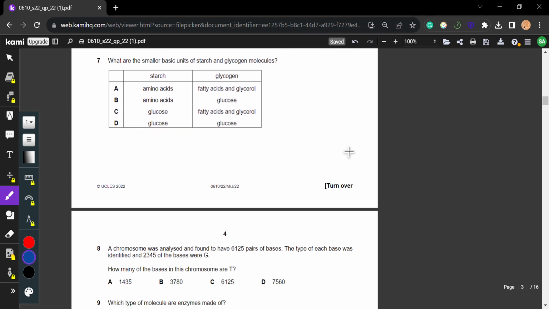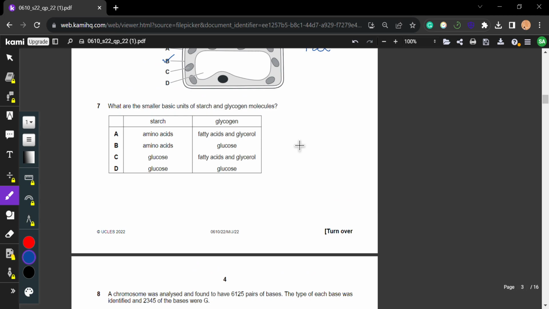Question number 7. What are the smaller basic units of starch and glycogen molecules? Now we know that starch and glycogen are both polysaccharides, which means that they're made of many simple sugars. They both are made of monosaccharides, right? So it definitely can't be amino acids, right?